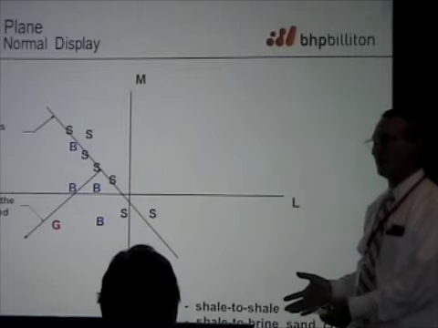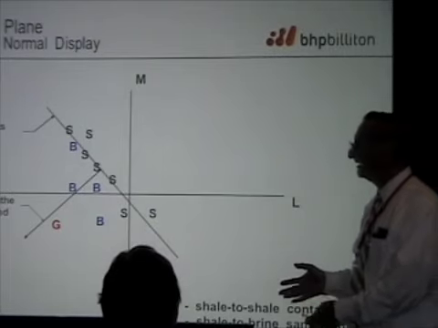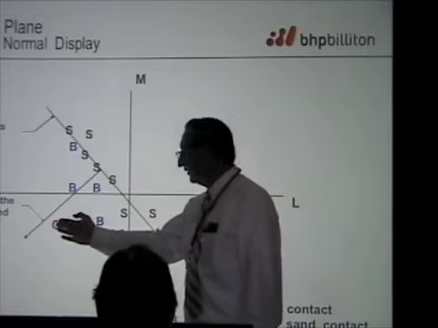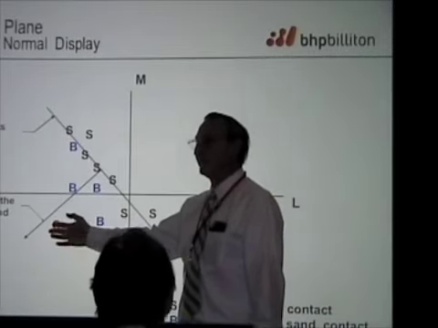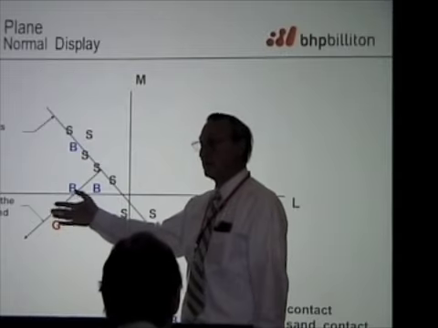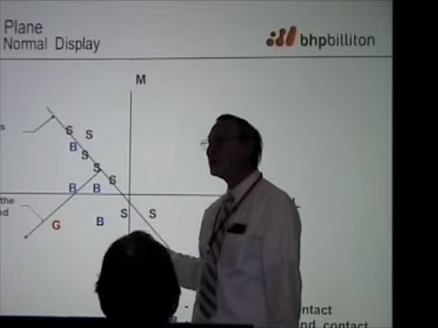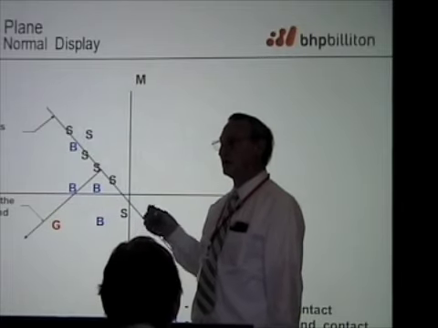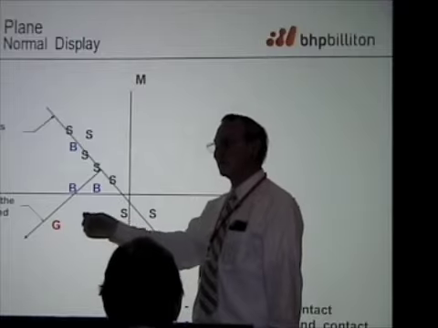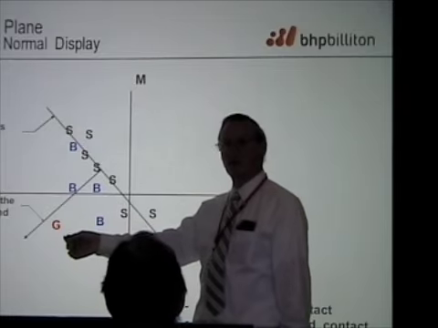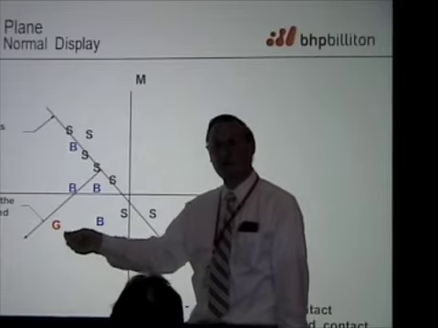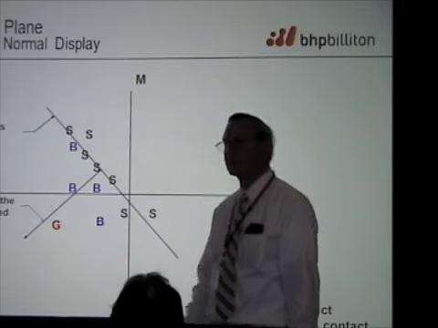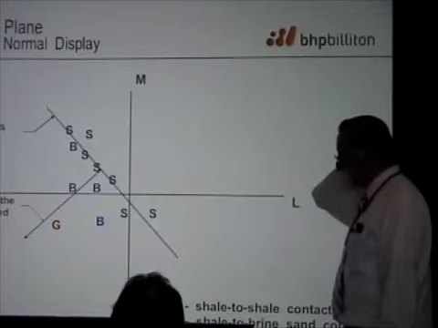And that background normal is intended to tell me something about where I have big AVO effects, maybe related to hydrocarbons, even when I can't see the individual sand on a normal incidence reflection trace or on a stacked reflection trace. Okay, I might still see a big AVO effect.